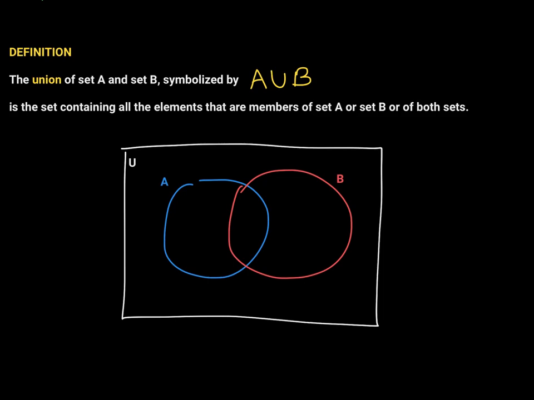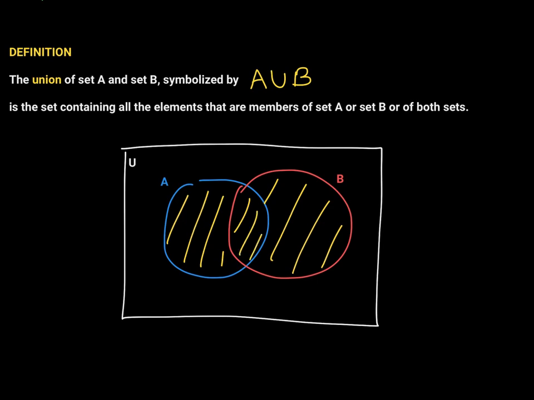First of all, anything in set A makes it into the union. Anything in set B makes it into the union. Anything that belongs to both makes it into the union. So basically, A union B is the set of all the elements that are in the universal set that are in A or B, right? All right, cool deal.